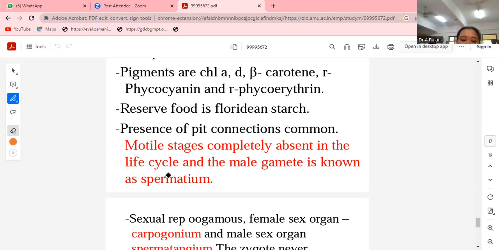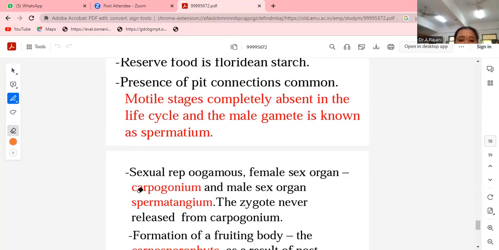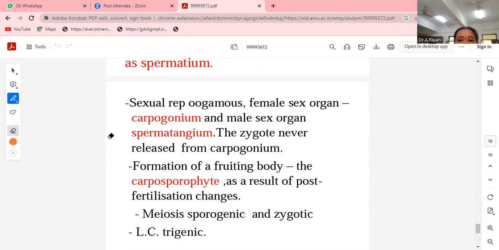Same here also in Rhodophyceae, the male gamete name is called spermatium. Female sex organ name is called carpogonium. Male is spermatium, the female is carpogonium. The zygote never releases from the carpogonium.